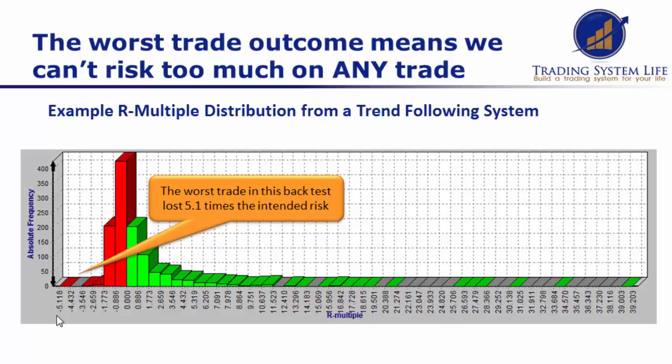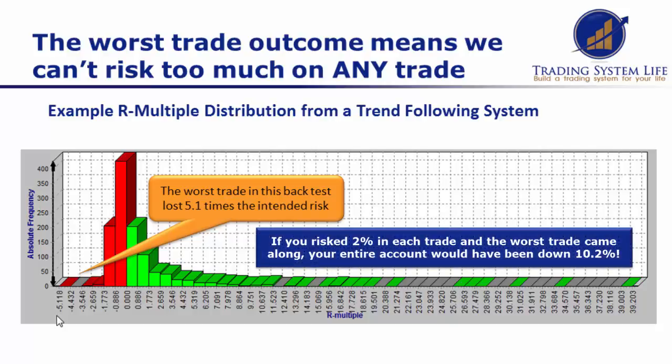So you need to make sure that the risk per trade that you take on takes into account the worst trade in your backtest. Now, just as an example, if you risk 2% on each trade that you took using this system, and that trade came along, this 5R loss, then your entire account would have been down by 10.2% just because of that one trade.